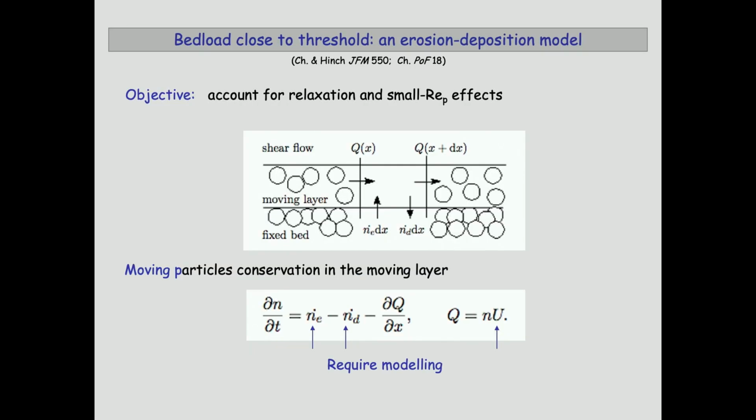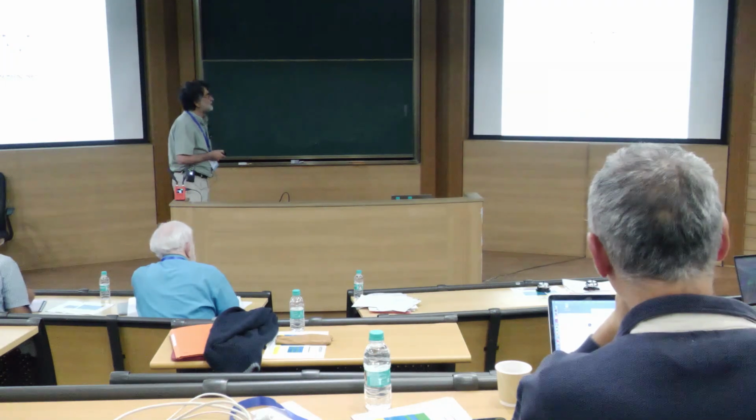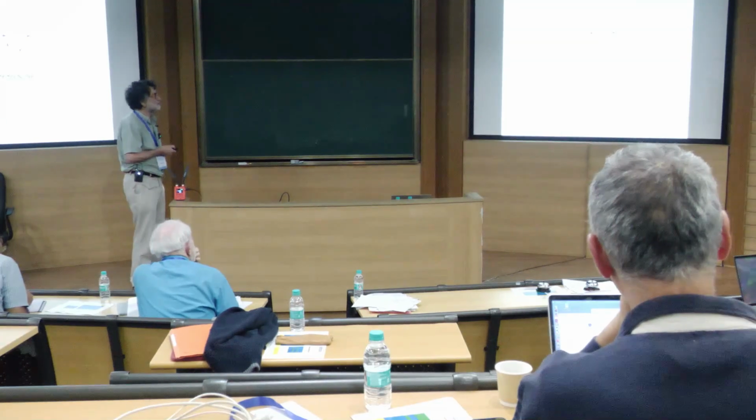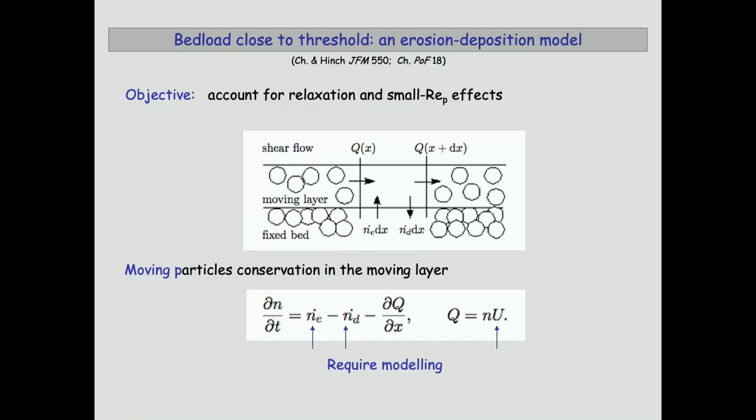Now we need an equation for bed transport, and we developed with John here present a little model for such bed transport, which would account for relaxation effects, I will explain, and perhaps small particle Reynolds number effects.